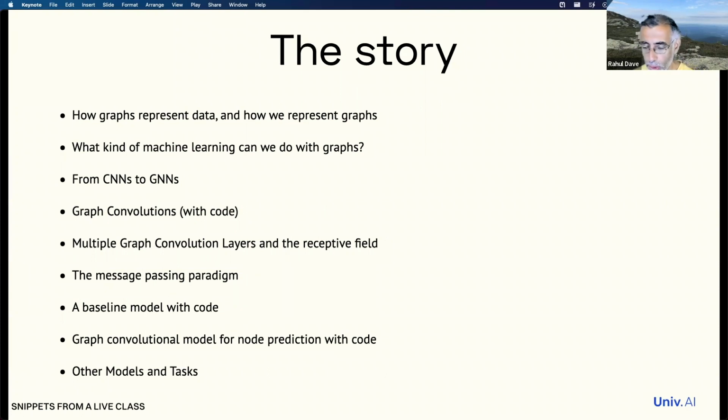So your social network, well, that's a graph. You want to find the structure of a molecule, that's a graph. You want to find the structure of how disease propagates in a population, that's a graph. You want to look at a citation network of links, that's a graph. A bunch of web pages, that's a graph.